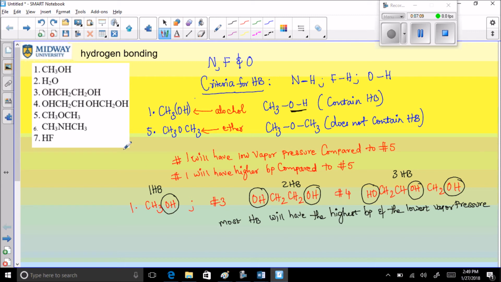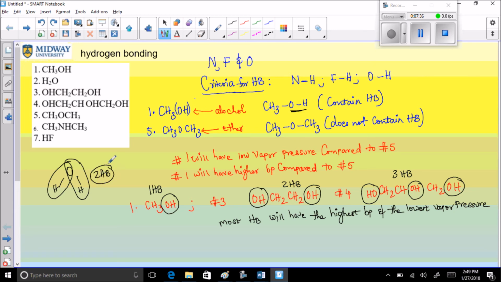Now, if I ask you a general question, water is also, if you remember from Chem 170, written like this. Essentially it has 2 hydrogen bondings. The 1 oxygen is shared by 2 hydrogens, which leads to 2 hydrogen bonding sites.